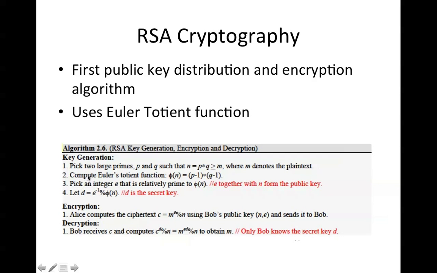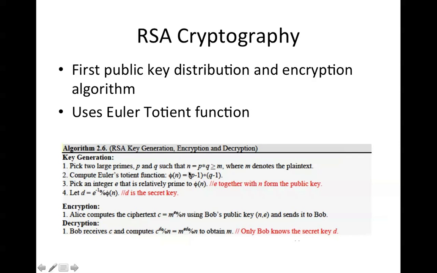So the key generation is something that you, as the person who wants to receive messages, do. You pick two large primes, let's call them P and Q, and then you form their product. You do this consciously, so you know what P and Q are.